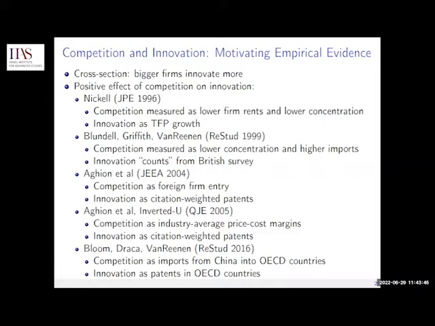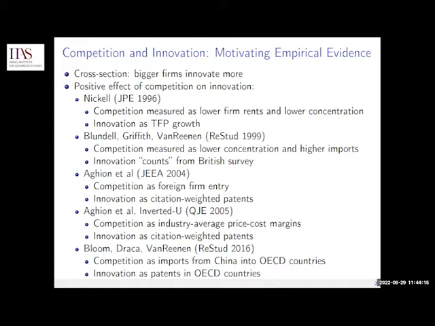Just to mention that some of the earlier literature looking at the relationship between competition and innovation was measuring competition in a way that, once you have heterogeneous firms, is far from ideal, by looking at things like concentration measures. It's not clear that we want to take a concentration measure, for example the Herfindahl.